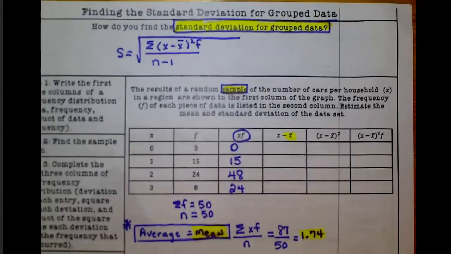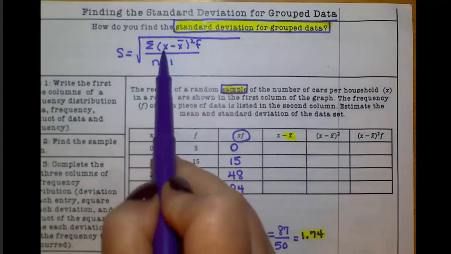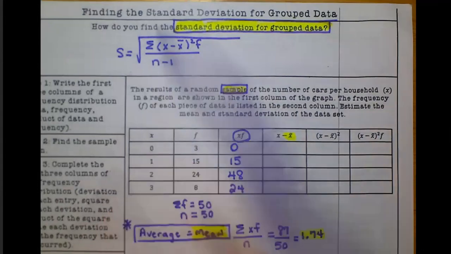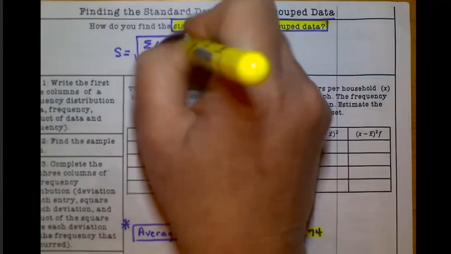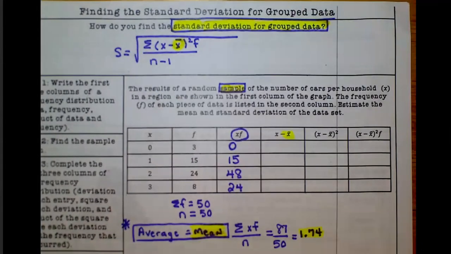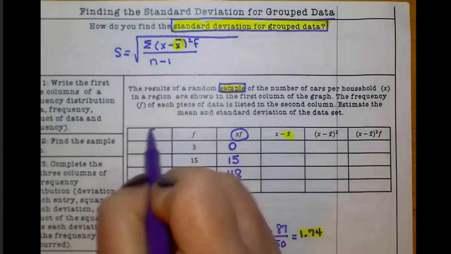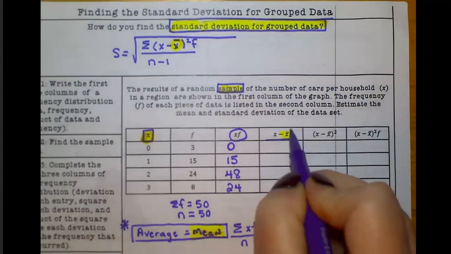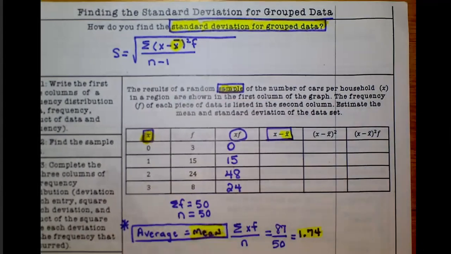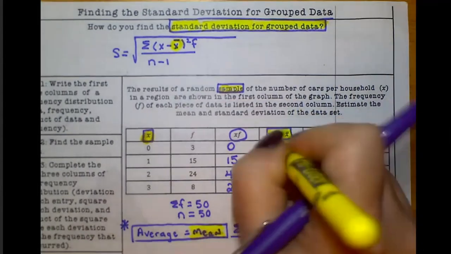So now, if you notice in this formula, I'm going to take each x and subtract the average. These are my x values. Be very, very careful. Some people like to go back to the frequency side. So we're doing your x value minus your mean.